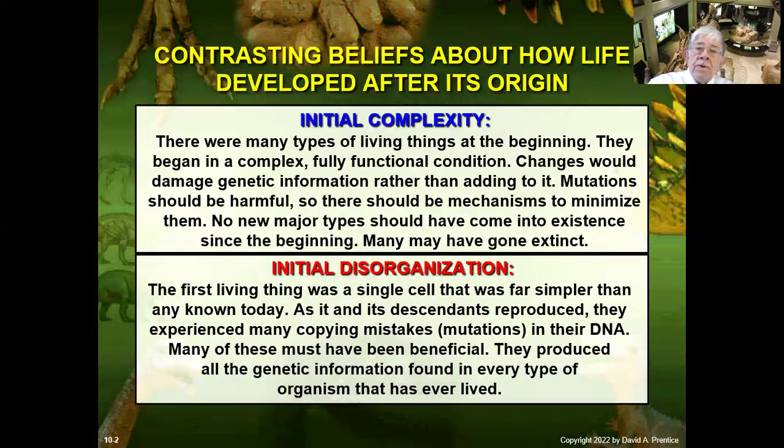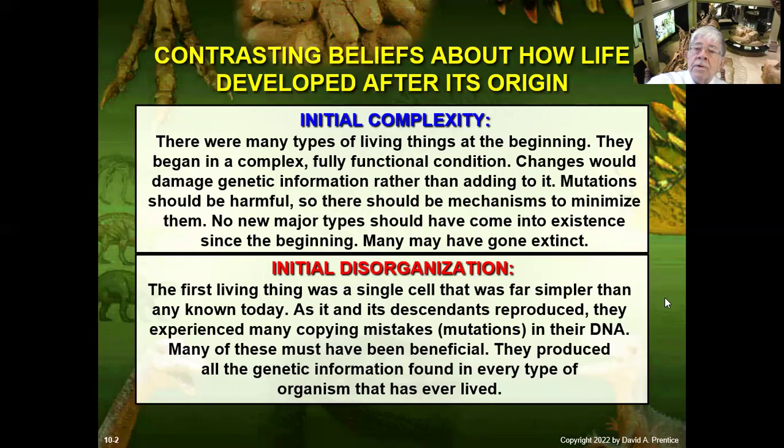So according to creation, there were many types of living things at the beginning, and they began in a complex, fully functional condition. Why? Because there is an intelligent being that brought things into existence in a complex, fully functional condition. Changes would damage genetic information rather than adding to it. Mutations, that is, copying mistakes, should be harmful.